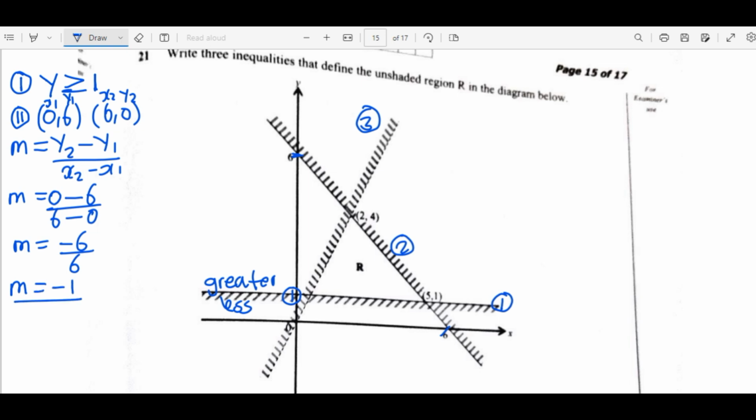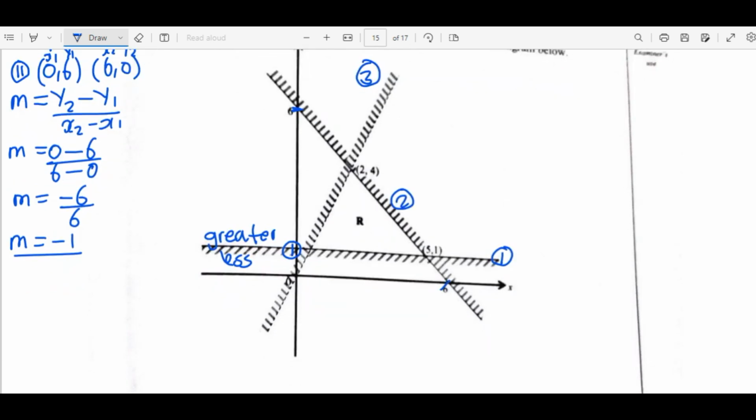Now after we are done with finding the gradient, we are going to write the formula for the straight line. The equation for the straight line, which is y minus y1 is equal to gradient times x minus x1. So from the 2 pairs of coordinates here, the first one, y minus y1, which is 6, is equal to the gradient, which is negative 1, times x minus x1, which is 0.